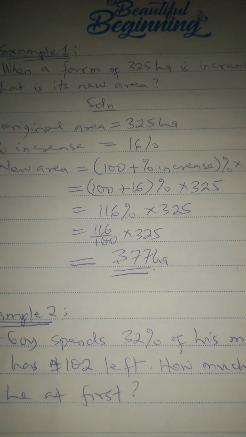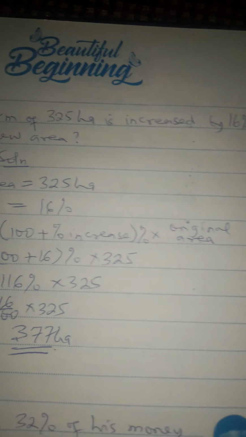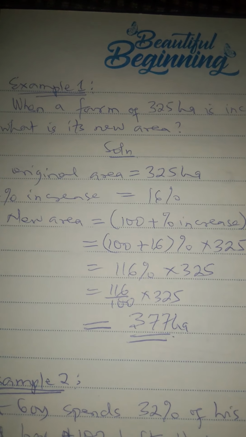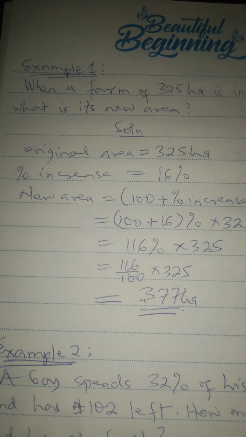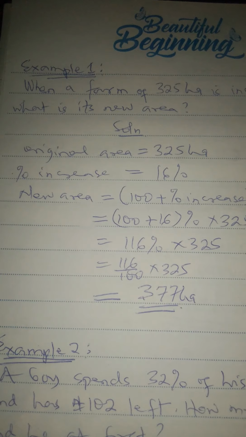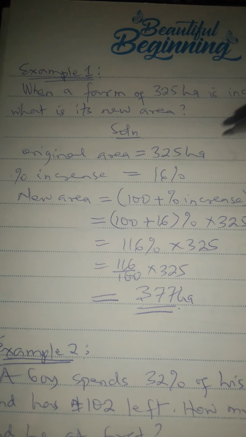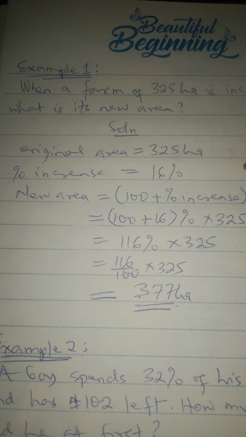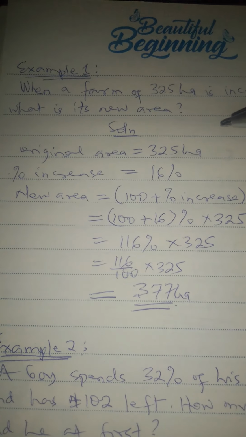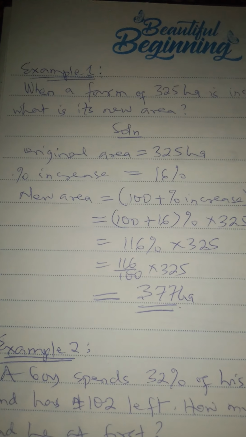When a farm of 325 acres is increased by 16%, what is its new area? When we go back to the note I gave you, after highlighting your items this way, original area is 325 hectares, percentage increase is 16%.